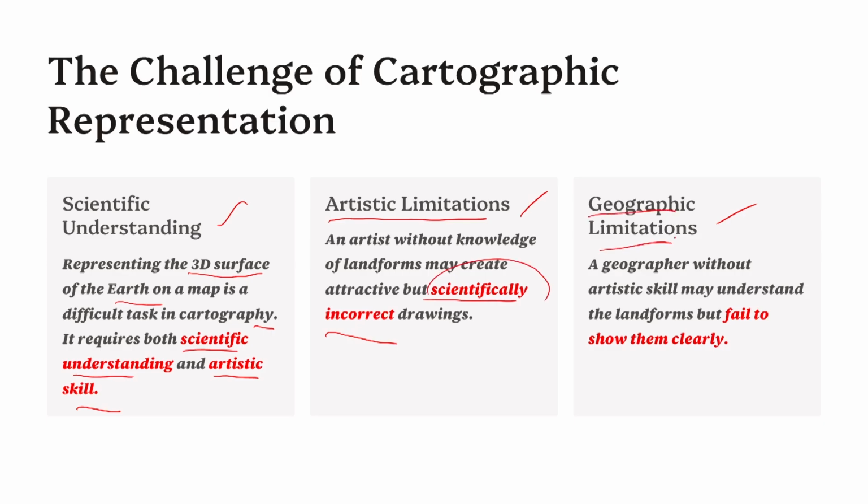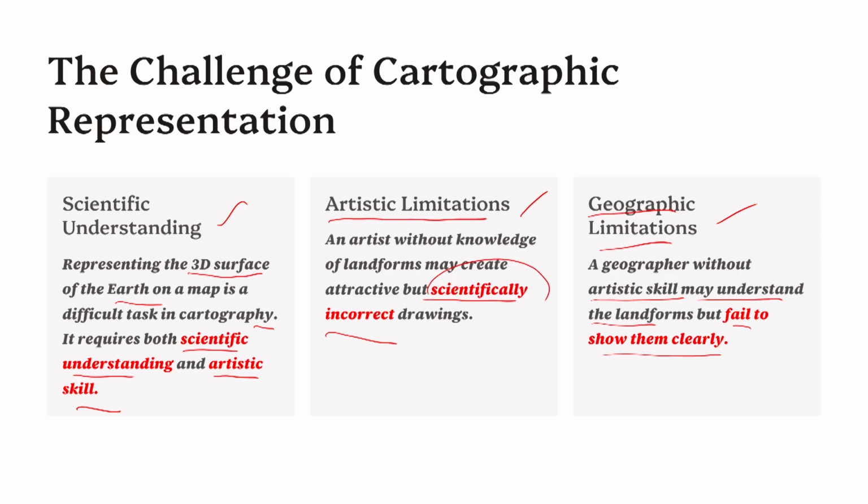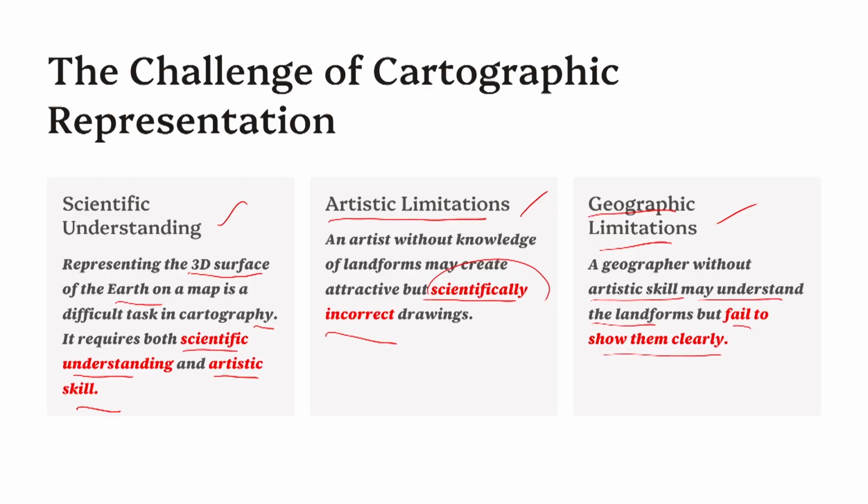Geographic limitation: a geographer without artistic skill may understand the landform, but fail to show it clearly. A geographer has landform ideas and full knowledge of what topography is covered, but without artistic ideas he can't draw an accurate map.